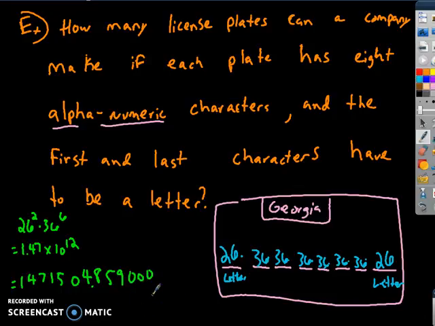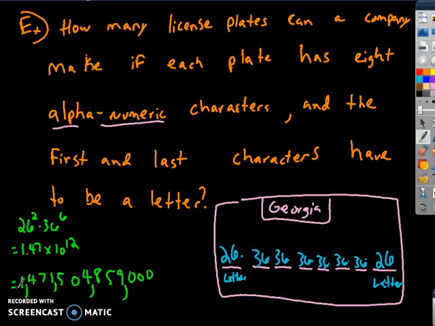We can't get it exact because our calculator won't actually go out that far, but we can get really close. So it's a comma here, comma there: hundreds, thousands, millions, billions, trillions. So it's about 1.4 trillion different ways they can come up with license plates if those were the requirements for that license plate.